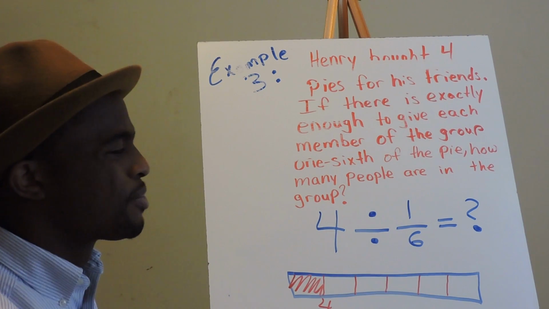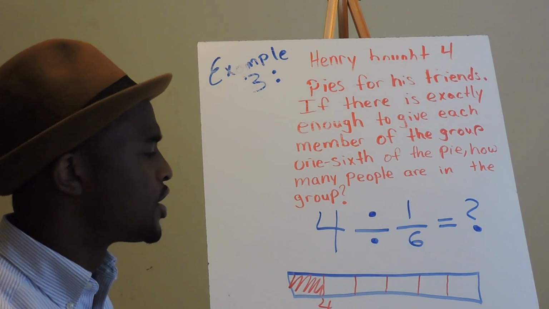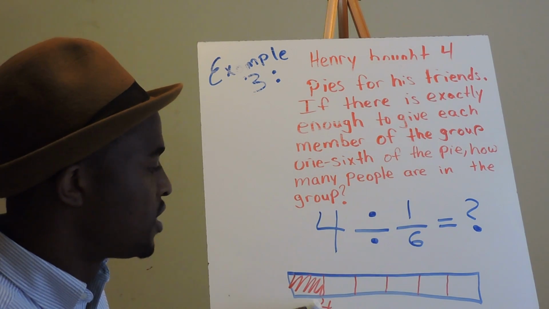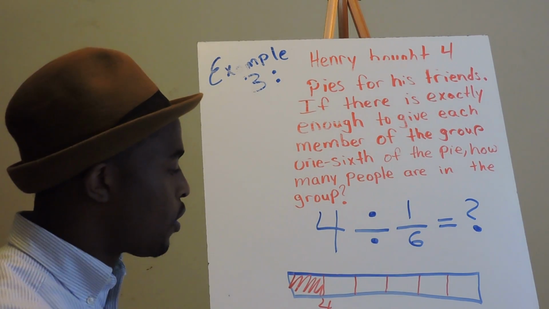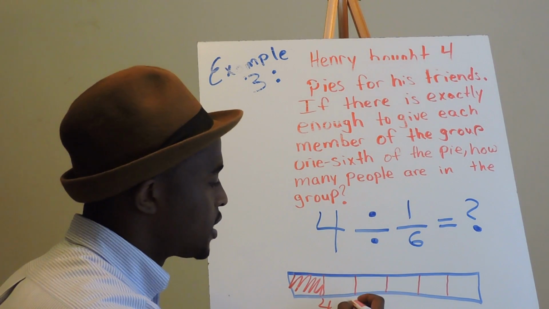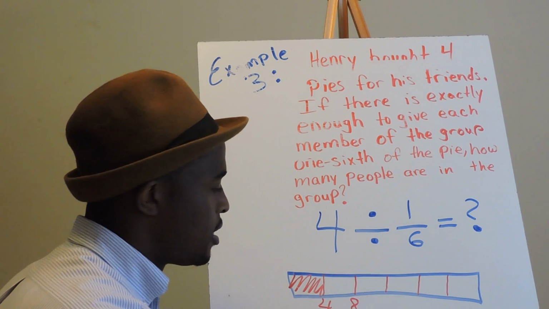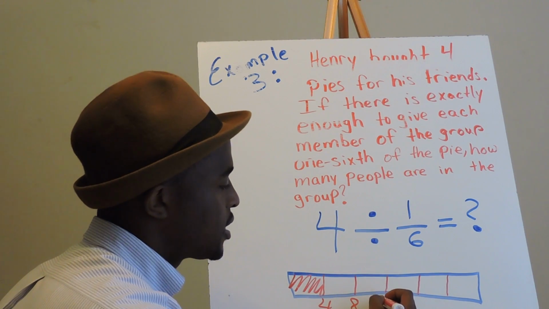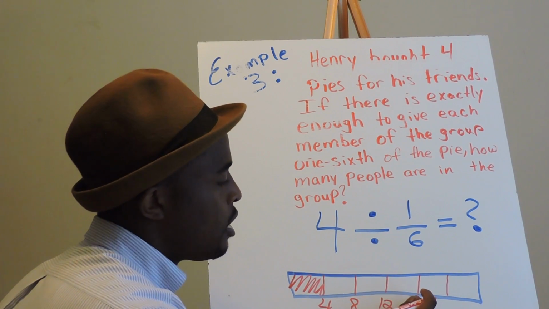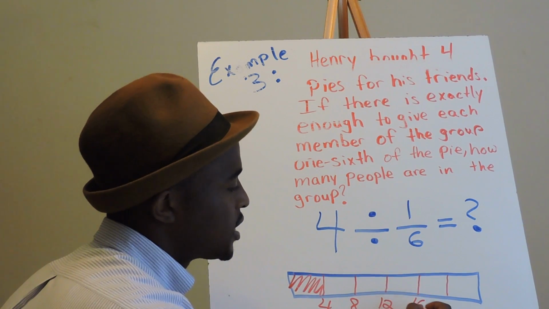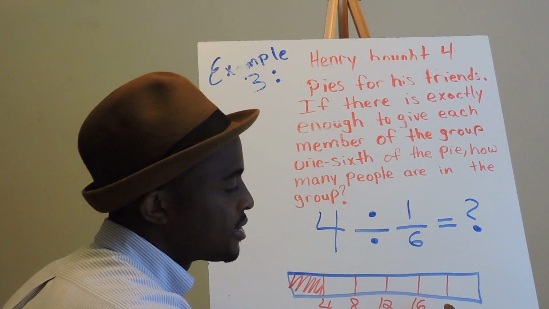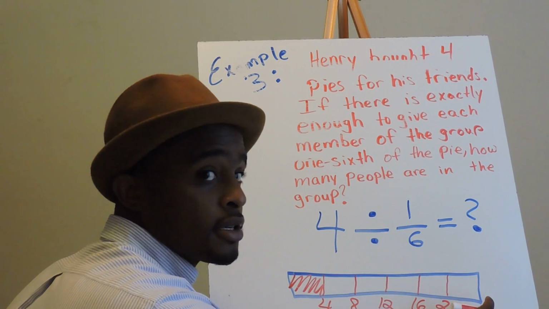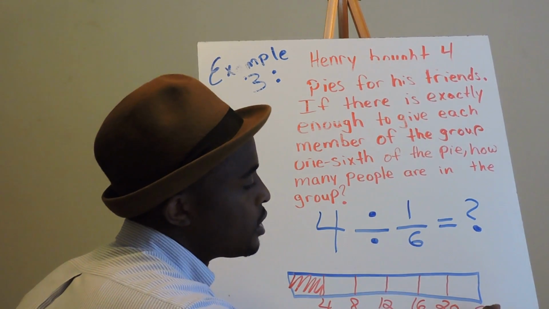Again, this one is just like example 2. It's pretty easy to determine how much each sixth is worth because we have right here that 1/6 equals 4. So we can just continue to add 4 each time. So 2/6 would be 8, 3/6 would be 12, 4/6 would be 16, 5/6 would be 20, and then 6/6 would be 24.